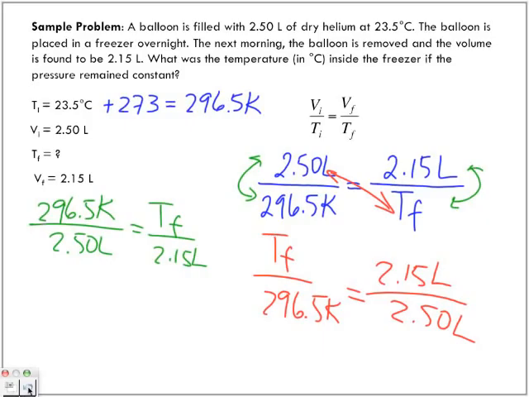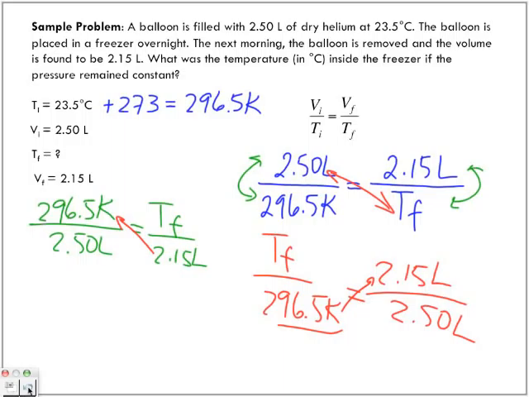So now all we're doing is bringing this over. So we're multiplying 296.5 by 2.15, which is exactly what we're going to do when we bring this over if we use that method.